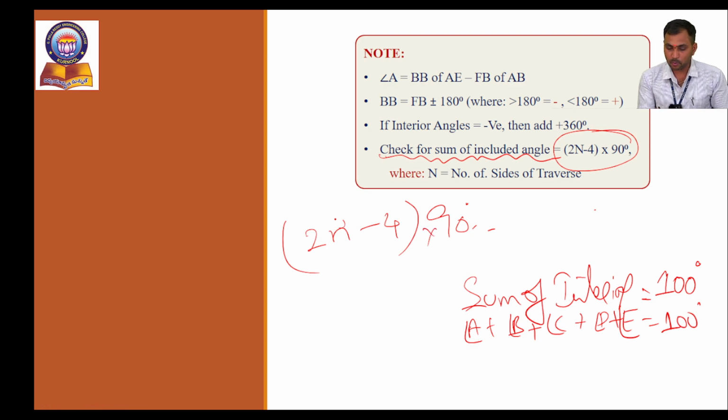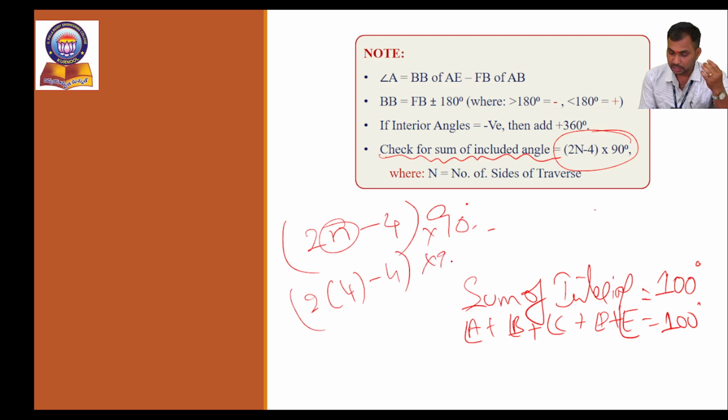For example, what is n here? n is the number of sides of the traverse, or else we can say the number of stations. So how many n values will be there? In the problem we can calculate. If it is 4, for example, 2 into 4 minus 4 into 90 degrees, if we get the value equal to 100 degrees, then our problem is right.